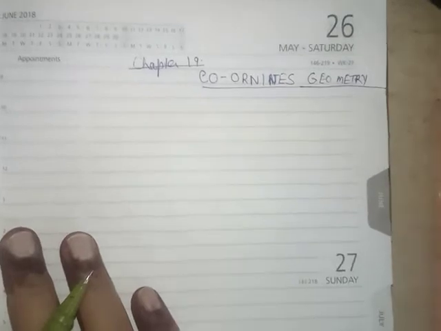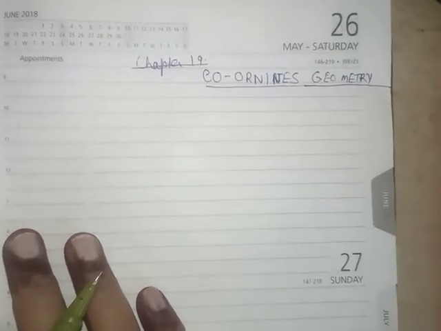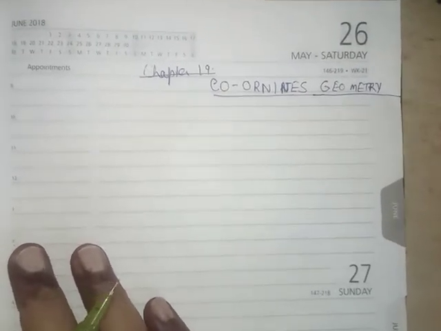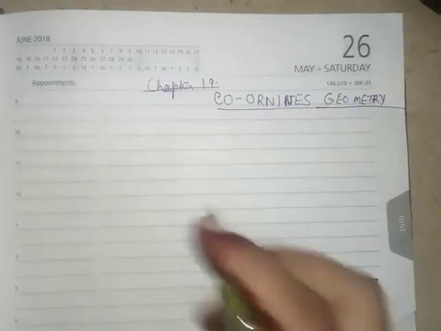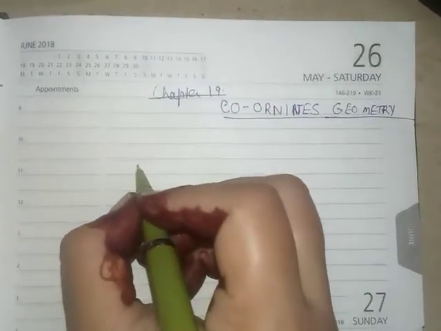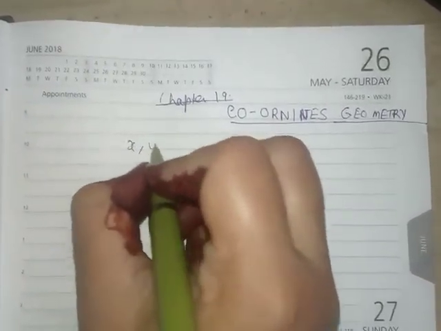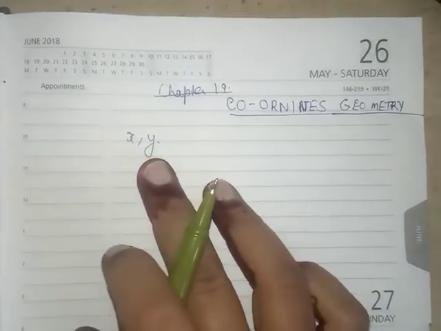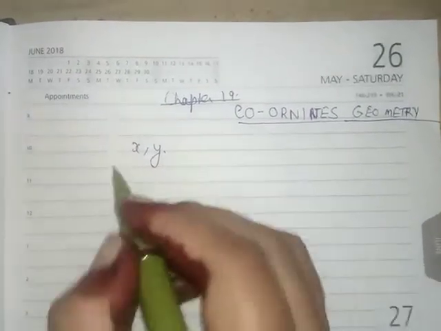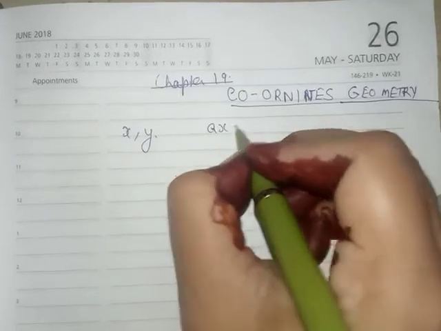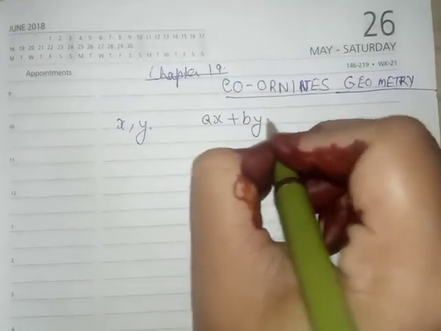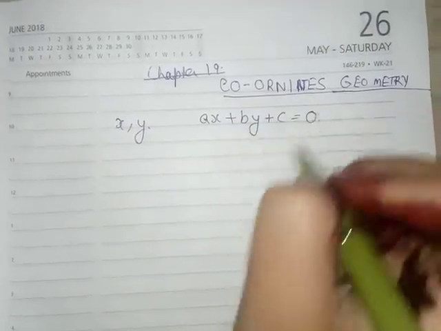Like we all know that we have two axes. Normally, we used to talk about x and y variables. We used to talk in the linear pair of equations, in which the equation was in the form of ax plus by plus c is equal to 0.